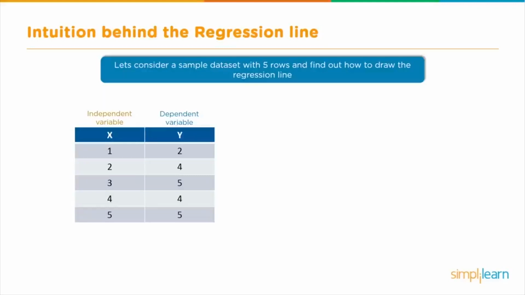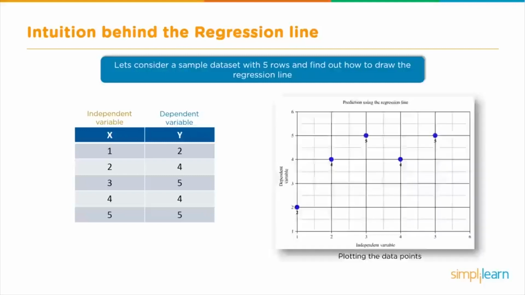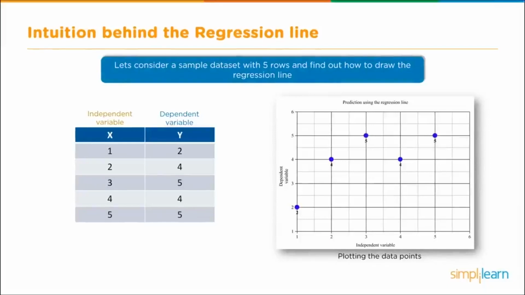So we'll create our own 2 sets of data, and we have our independent variable x and our dependent variable y. When x was 1, we got y equals 2. When x was 2, y was 4, and so on. If we plot this data on a graph, we can see how it forms a nice line through the middle. You can see where it's grouped going upwards to the right.